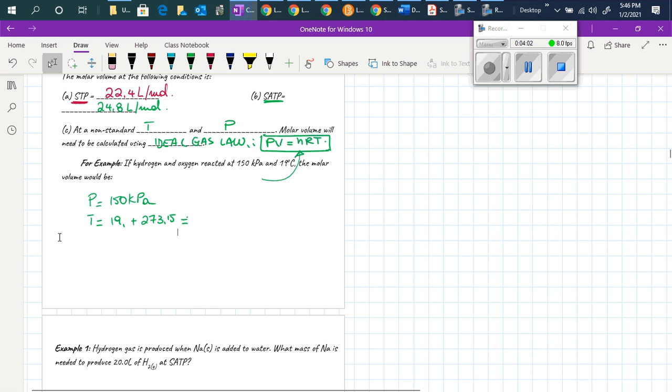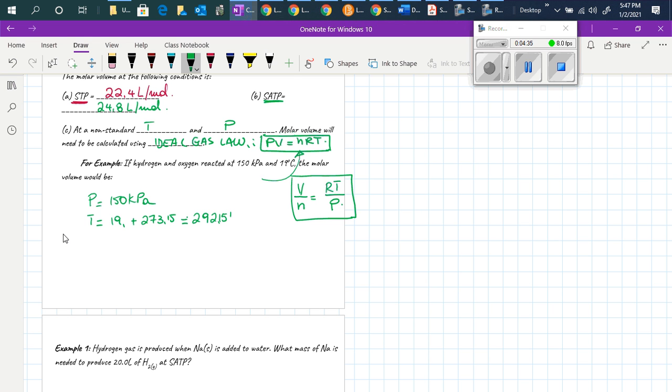So what is liters per mole? Liters per mole means V over n. What is V over n? So this will be RT over P if you manipulate it. Okay, so let's do this calculation. 273.15 plus 19 will give you 292.15 Kelvin.